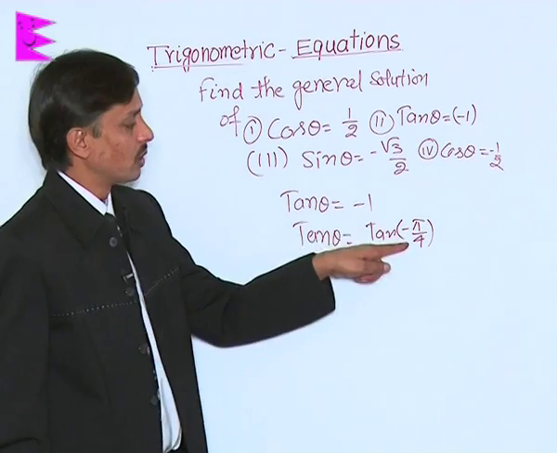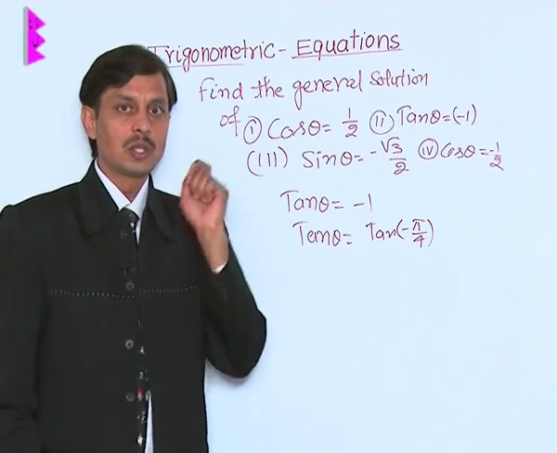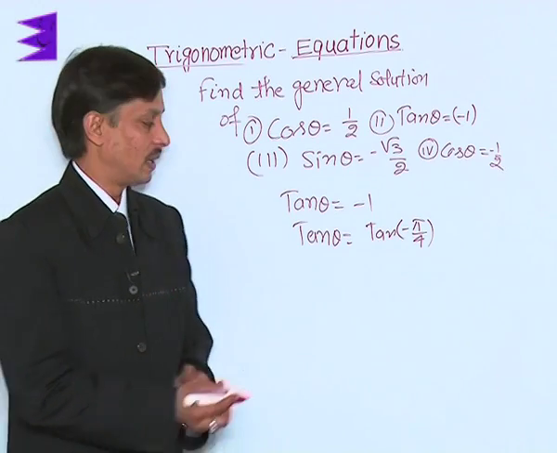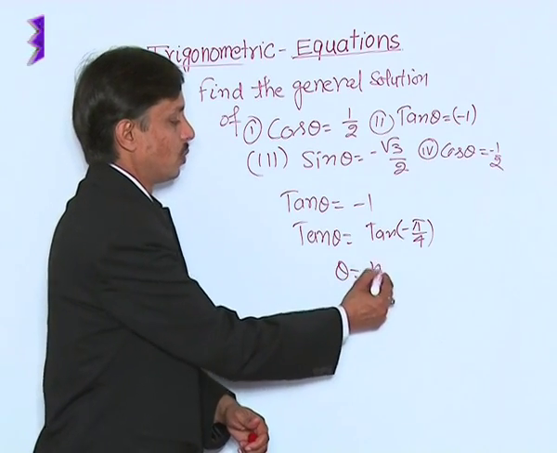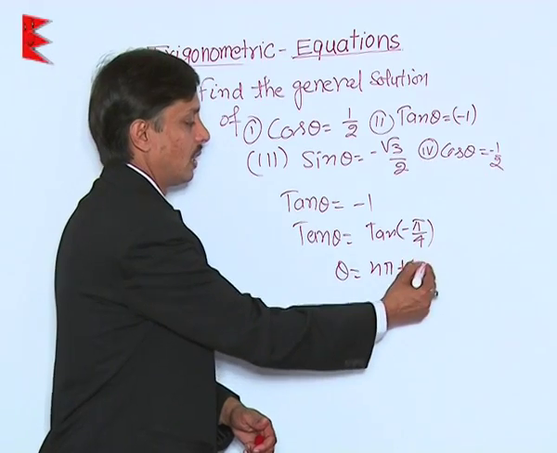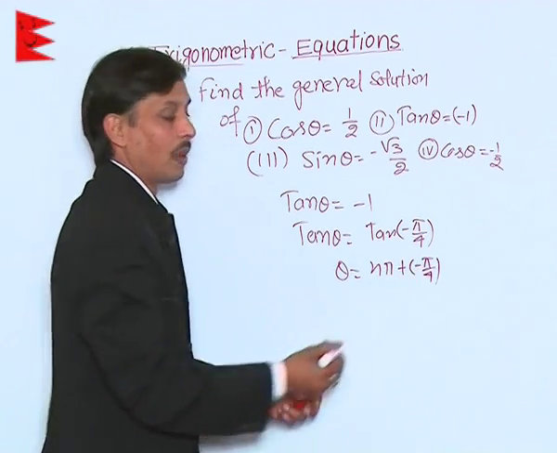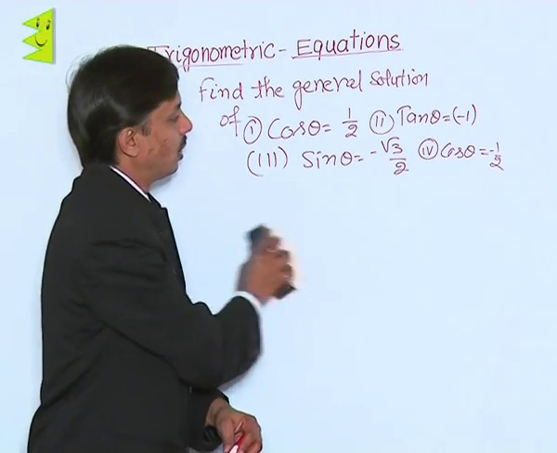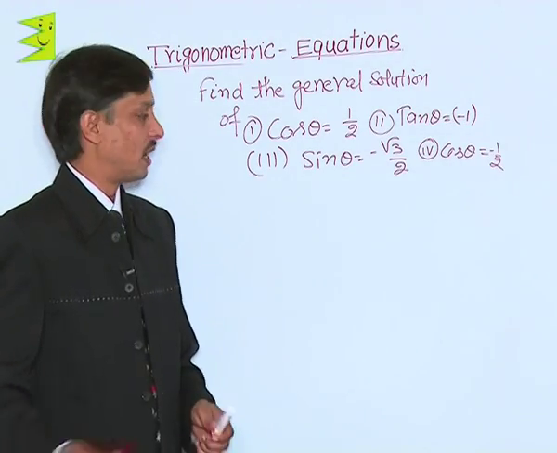For tan theta is equal to tan alpha, the general solution is given by theta is equal to n pi plus alpha. So this will be theta is equal to n pi plus alpha, which means minus pi by 4. Similarly, we can go on to explain the third part.